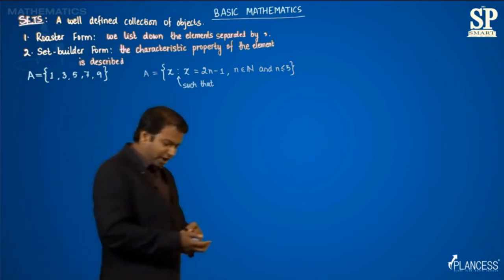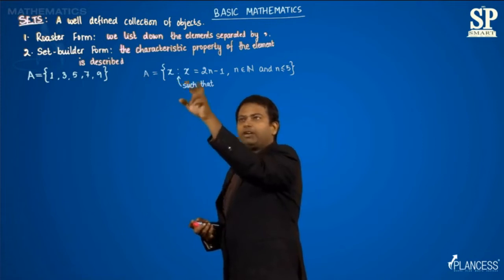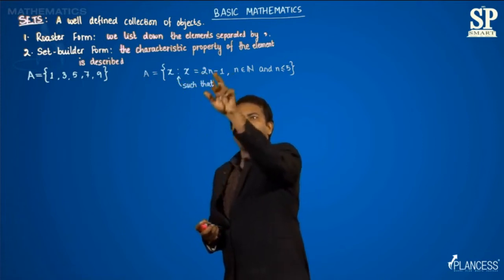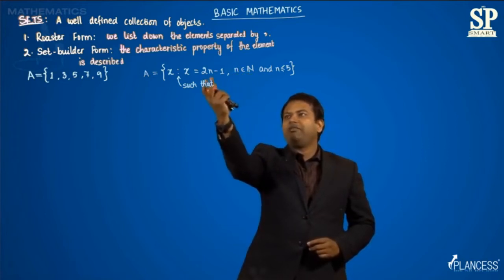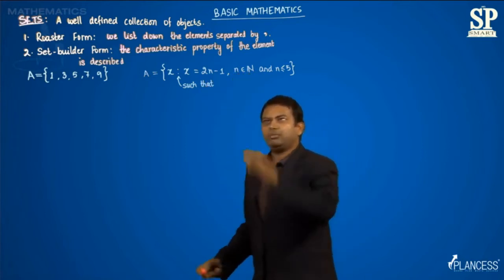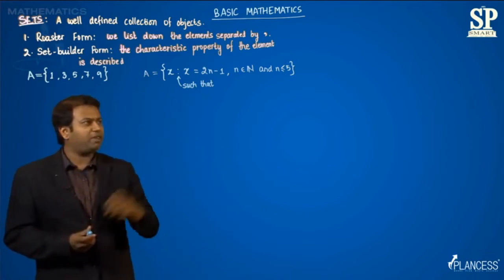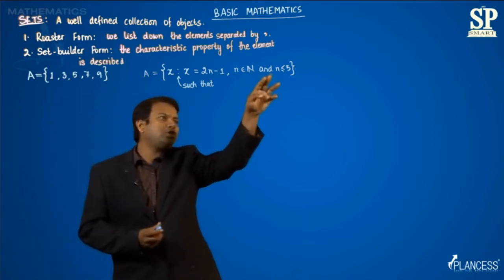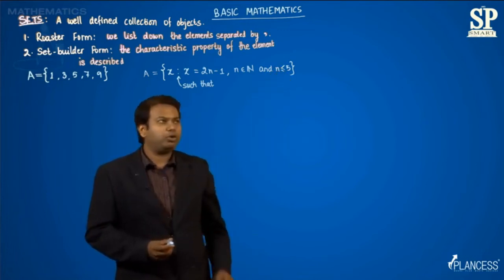Let us try to understand this representation. Here x is the element which is 2n minus 1. Now what is n? About n we have written that n belongs to natural numbers, so n will take values 1, 2, 3, 4, 5 and so on. It is also said that n should be less than or equal to 5.